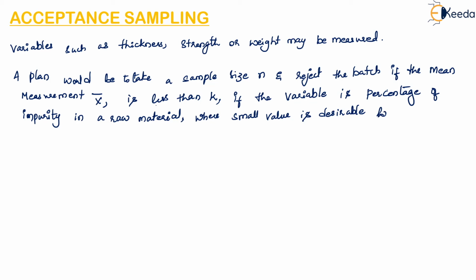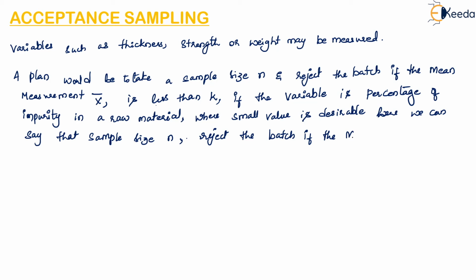So here we can say that with sample size n, we reject the batch if the mean measurement x bar value is greater than k.